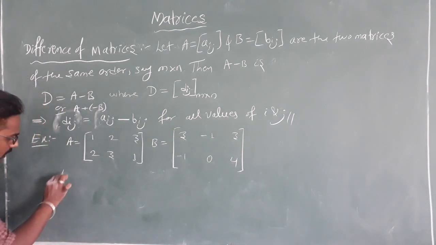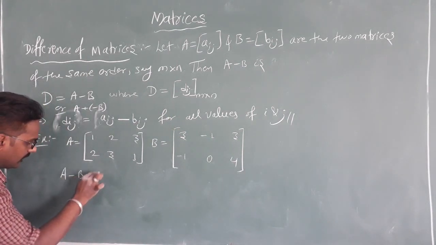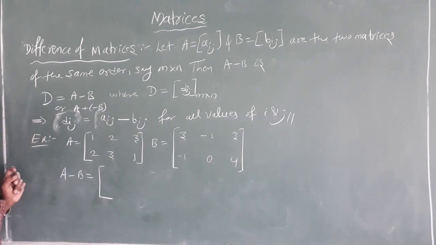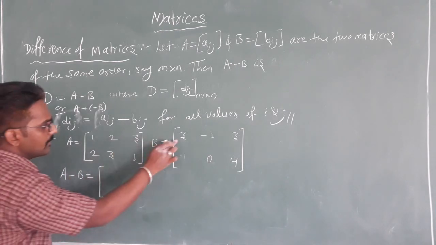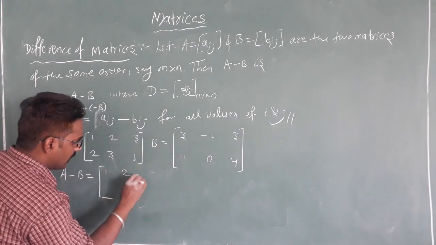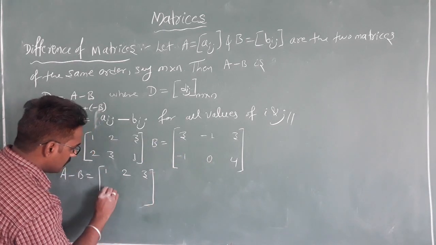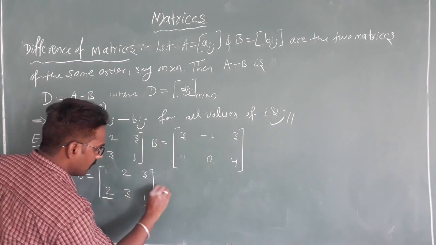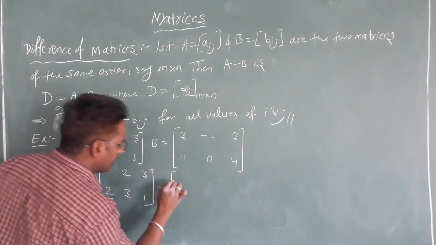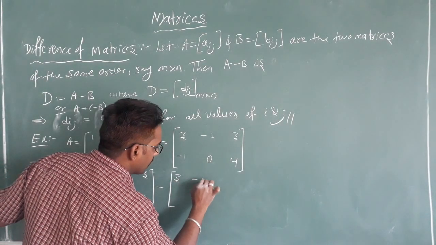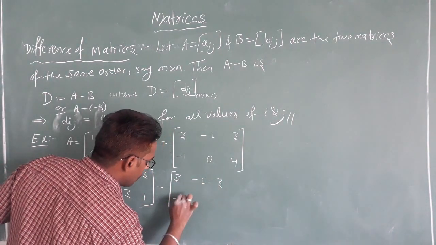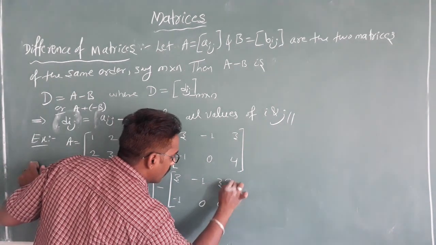So for A minus B, first we write the first matrix 1, 2, 3, 2, 3, 1, minus the second matrix 3, minus 1, 3, minus 1, 0, 4.